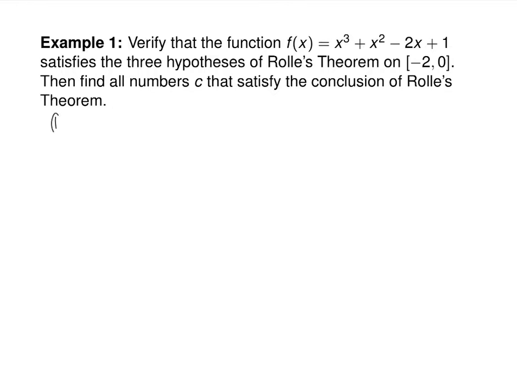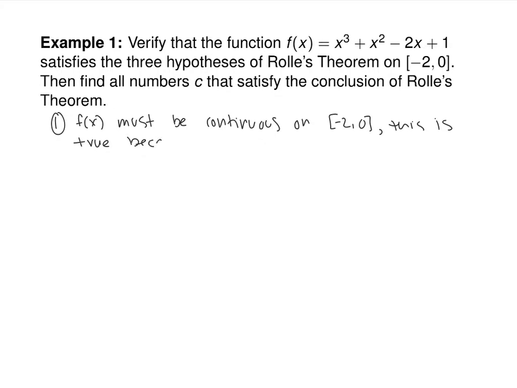So hypothesis number 1 is that f of x must be continuous on [-2, 0]. This is true because f is a what? Cubic. Yeah, I was going to say polynomial, because it's not just a cubic.